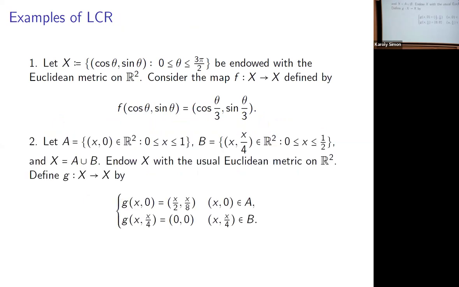The first one is 3/4 of the unit circle, and this function does not contract the whole space, but if you take a point, then you can find a neighborhood such that it contracts, and the second one is also similar.